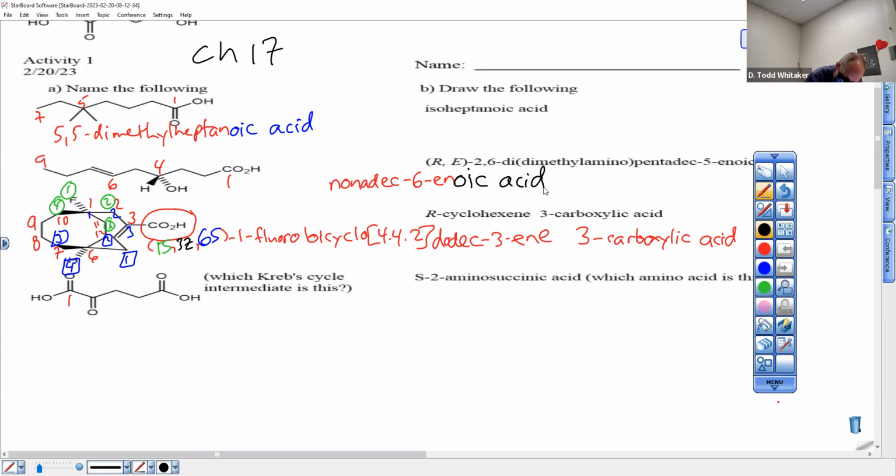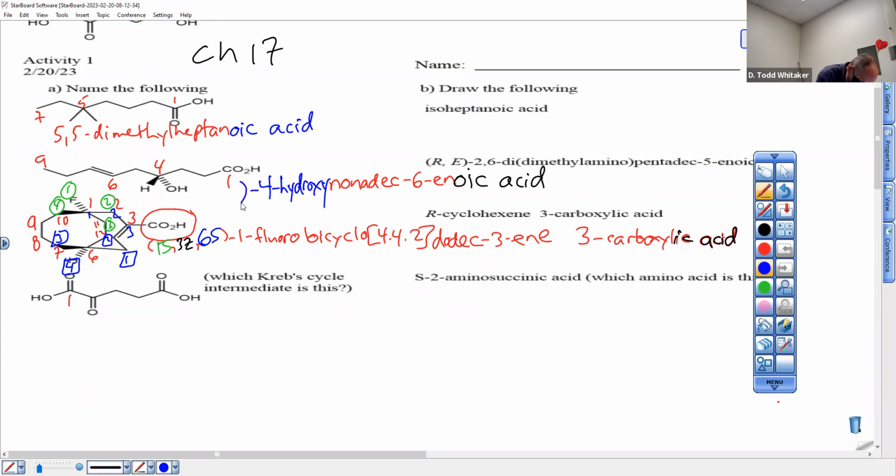They all end with some kind of oic acid or ic acid. That's why we're in chapter 17. And this one's got a hydroxy on 4. Why do we have to go hydroxy instead of call this an alcohol? Because the carboxylic acid is more important.